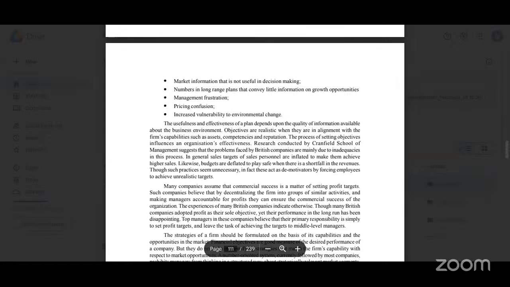The usefulness and effectiveness of a plan depends upon the quality of information available. And what information do we require? We require information about the business environment.